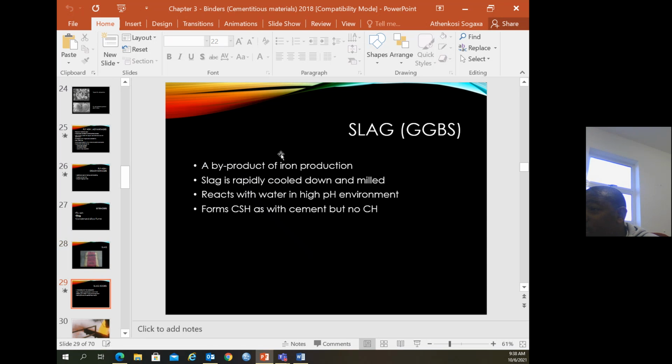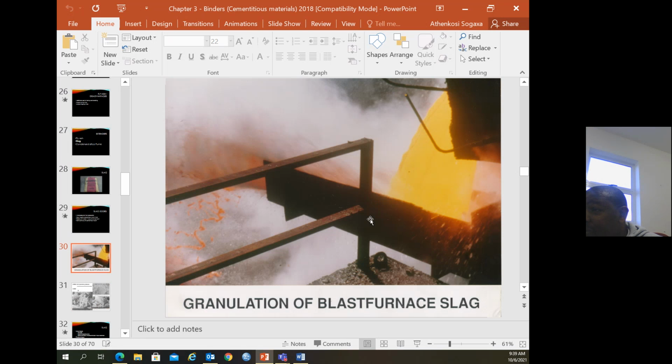Now, it's produced by the iron. It's a product of the iron, where the slag is rapidly cooled down and milled, reacts with water in a high pH environment, forms calcium silica hydrate as with cement but not CH.